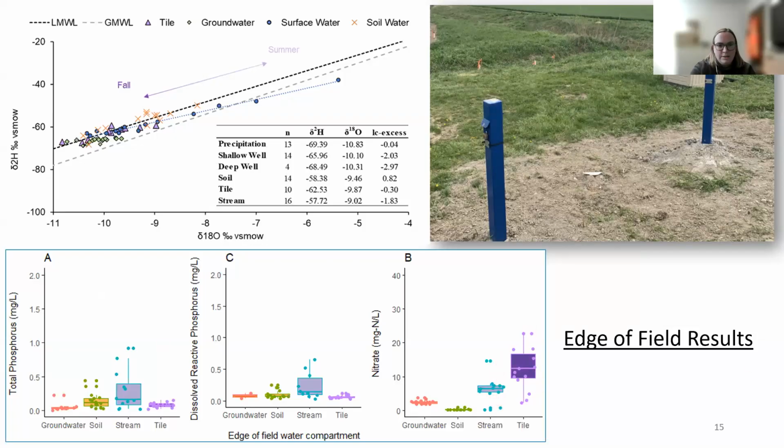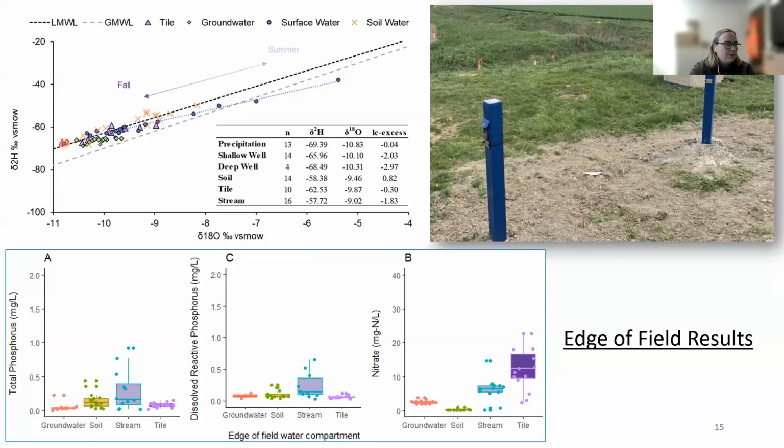So just looking at objective 2, of looking at seasonal changes of tile flow and how nutrients are transported, looking at the isotope data, which is the purple triangles, we can see that it changes throughout the year for our samples. Closer to the summer, they're possibly following the precipitation trends with even a bit of evaporation.